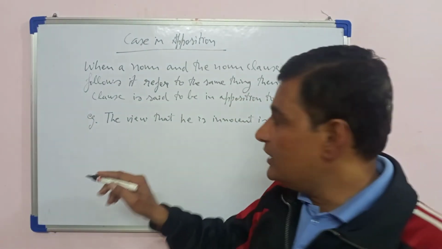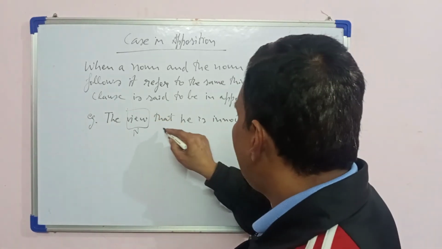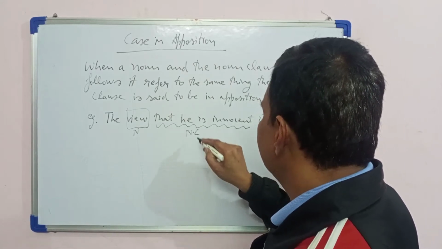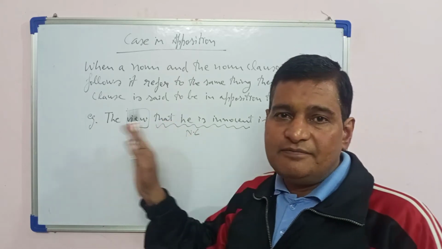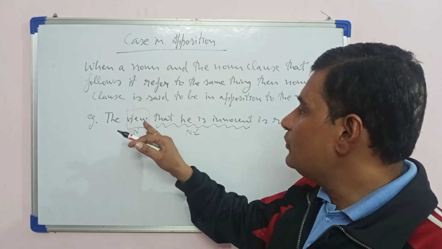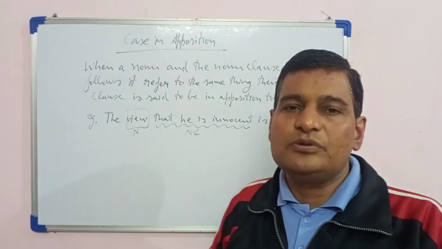Here you can see that view is a noun, and that he is innocent is a noun clause. So that he is innocent refers to the noun view. Both view and that he is innocent are referring to the same thing.